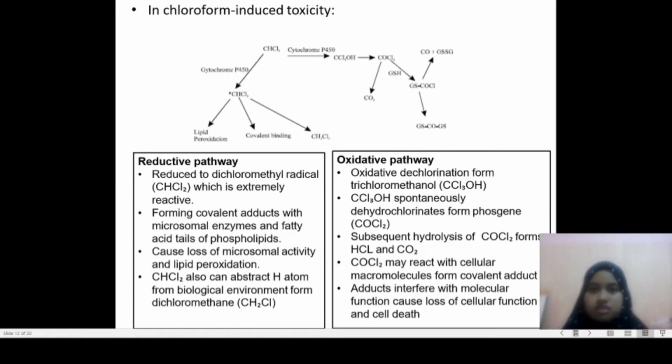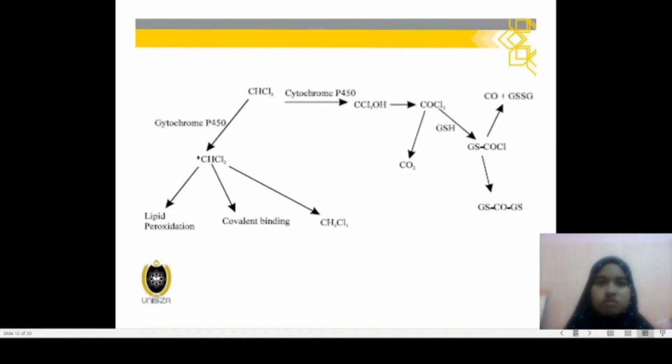Then the COCl2 will continue to hydrolyze to form HCl and CO2. COCl2 also can react with cellular macromolecules and form covalent adduct. Then the adducts will interfere with the molecular function and cause loss of cellular function and cell death. This is the pathway.